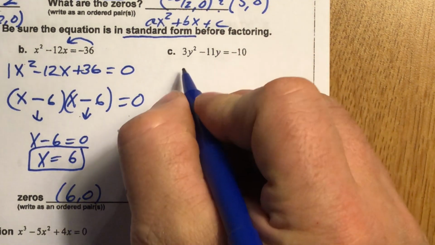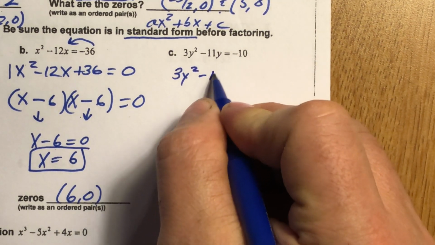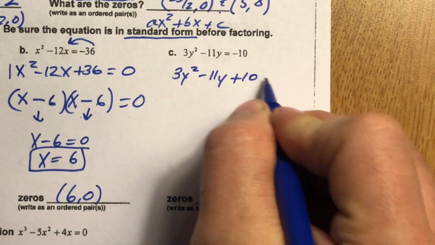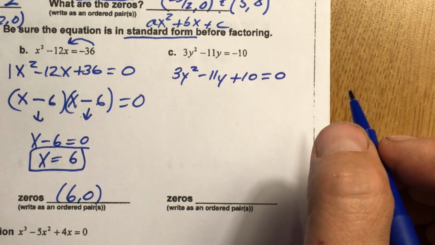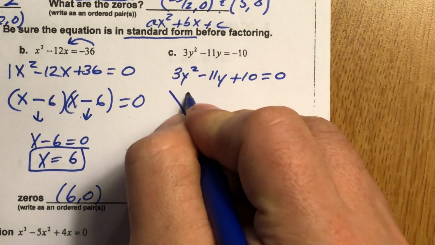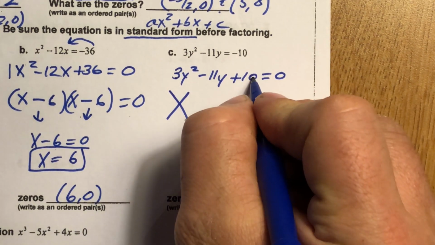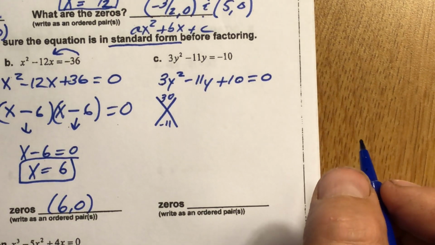All right, let's go to letter C here. We're going to have 3y squared minus 11y plus 10 equals 0. All right, let's use the x. So I'm going to multiply 3 times 10, 30, with negative 11 in the middle.